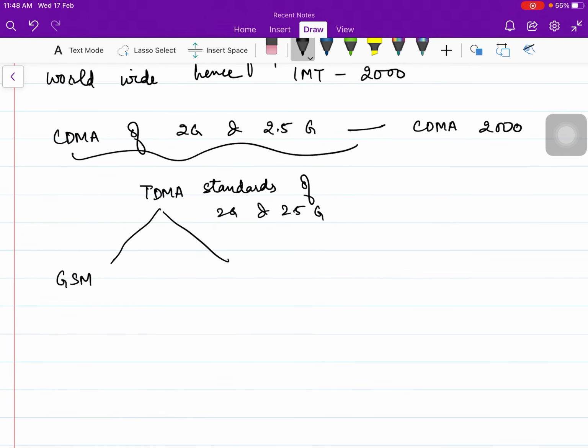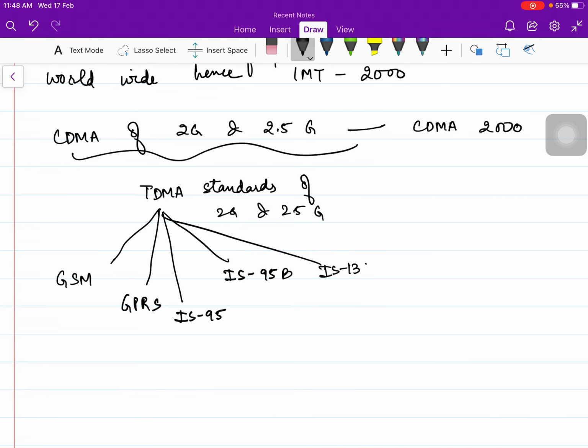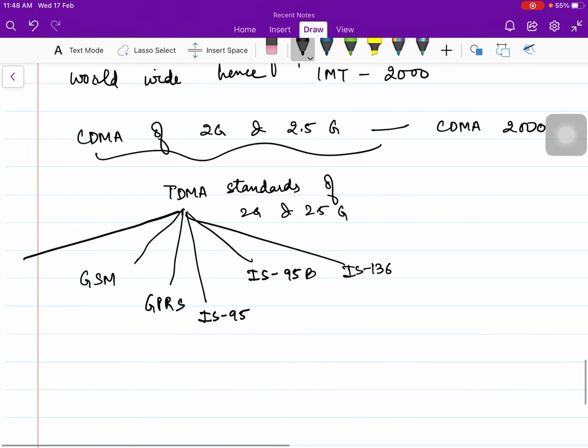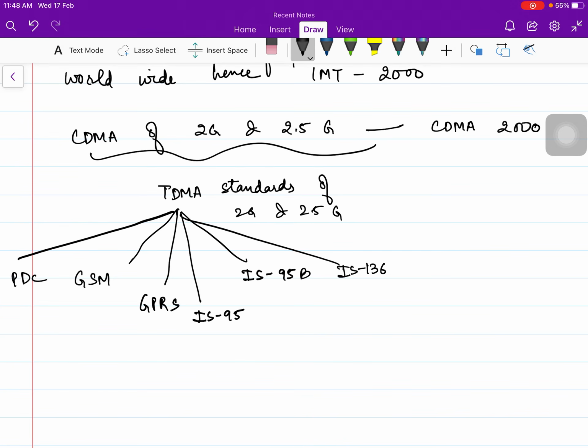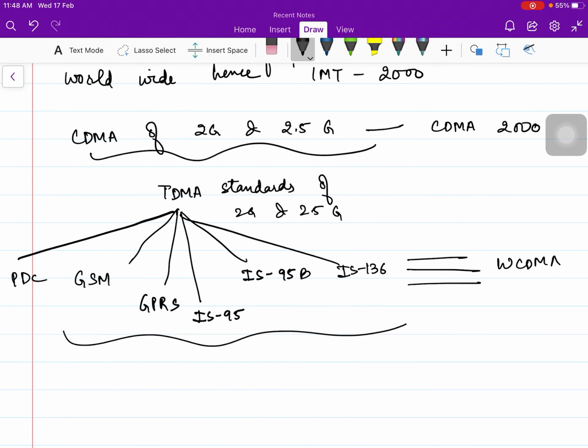That was GSM, GPRS, PDC, IS 136, IS 95, IS 95B. I have combined all the TDMA standards of second generation and 2.5 generation. So they all got converted to WCDMA, that means wideband CDMA. So they all got upgraded to CDMA 2000 and WCDMA respectively.